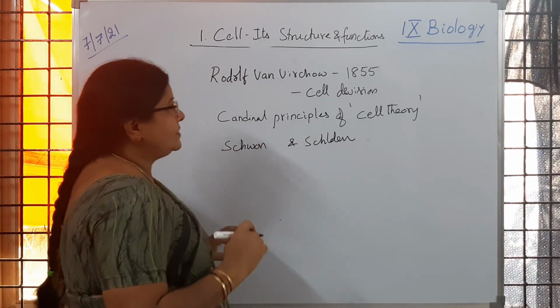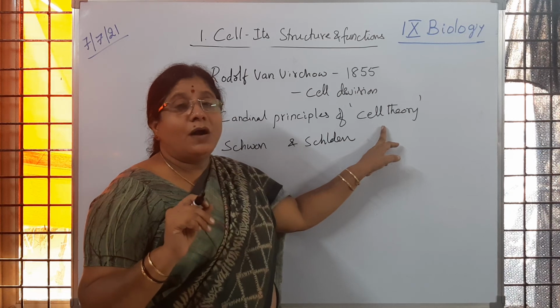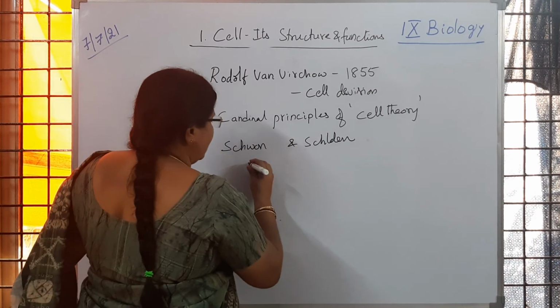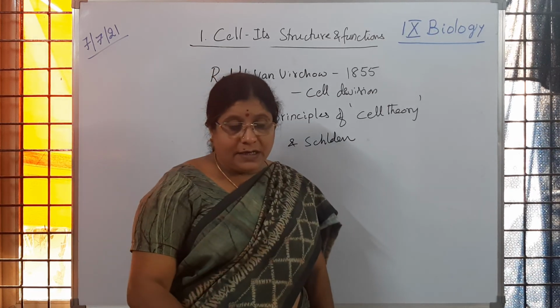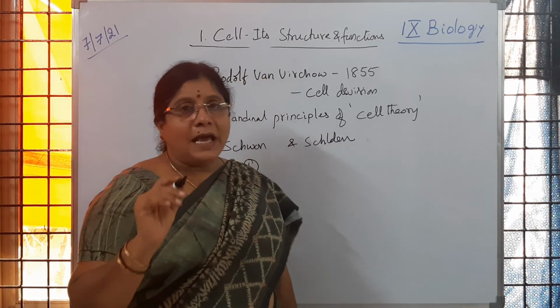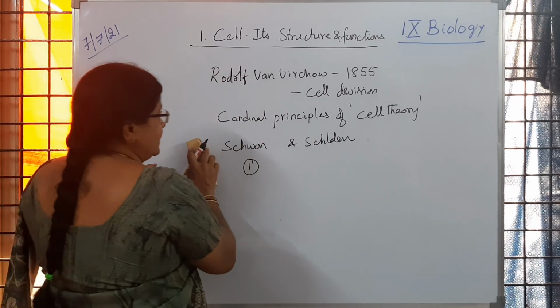So Schwann and Schleiden proposed cell theory. Is it clear to you? What are the principles given in that? What are the cardinal principles of that? All living organisms are made up of cells and their products.